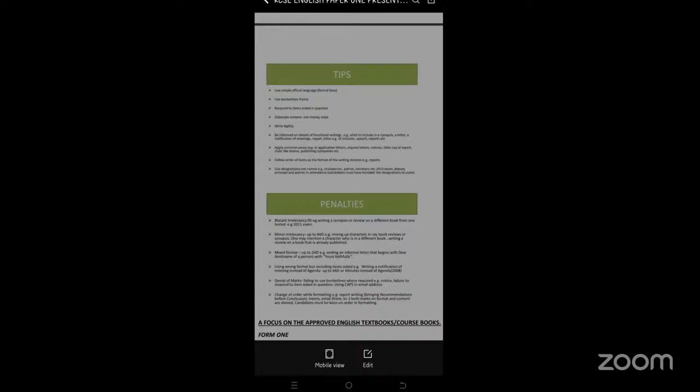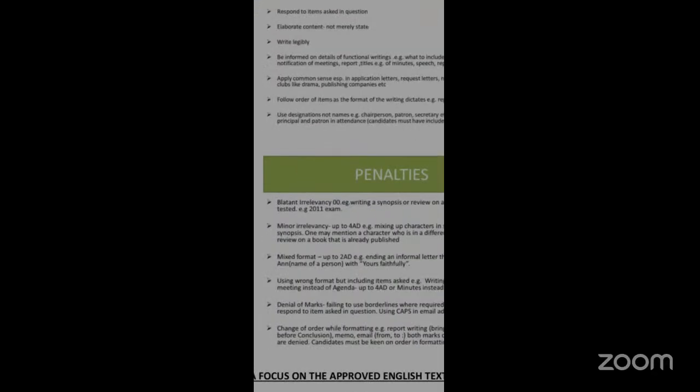Sasa wewe umeamua to create a character in the Samaritan. You decided that there is a Fiona Mackenzie in the Samaritan. Now una insist. You bring in characters who are not even in the issues unaongelea. At some point kuna venye unatupa njia, so you are irrelevant, so you may get an automatic deduction. You lose 4 marks. You don't get 0, you lose 4 marks because kuna venye si out of the way completely ni kidogo. So please try, like we said in the first point, stick to the point, don't go so far away from it.